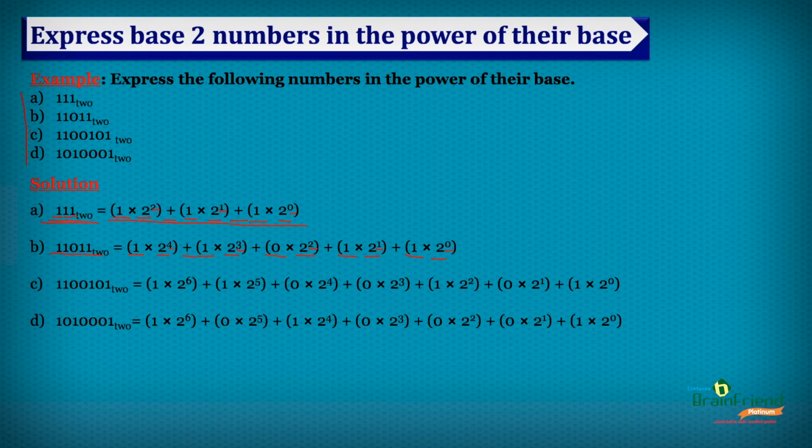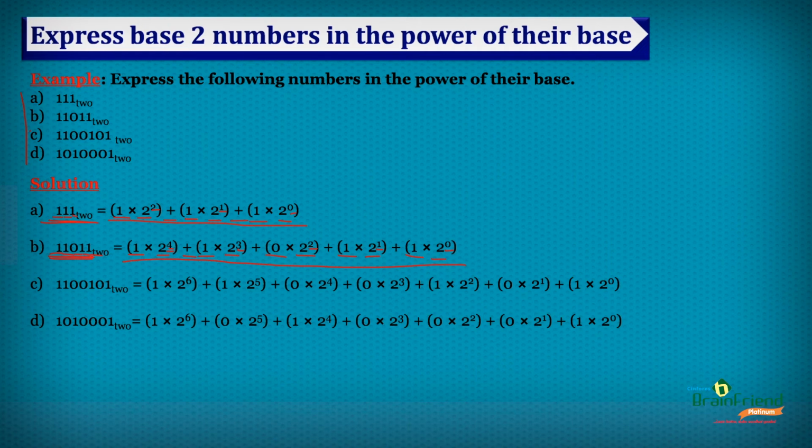So notice that whenever we have 5 digits as our binary number, the highest power will be a number less than the number of digits we have. What I mean is we have 5 digits here, and then the highest power is 4. Okay, I believe that's clear enough. So we have been able to express this number in the power of its base.